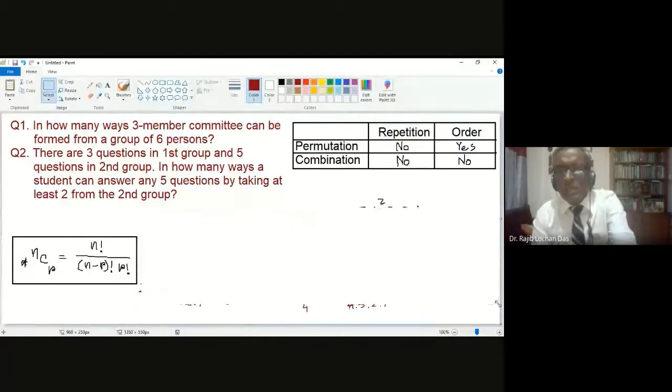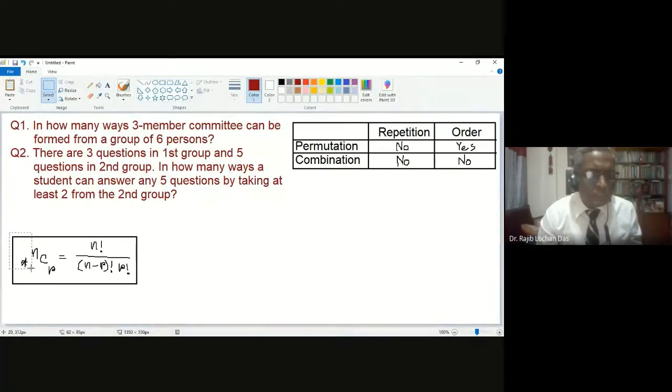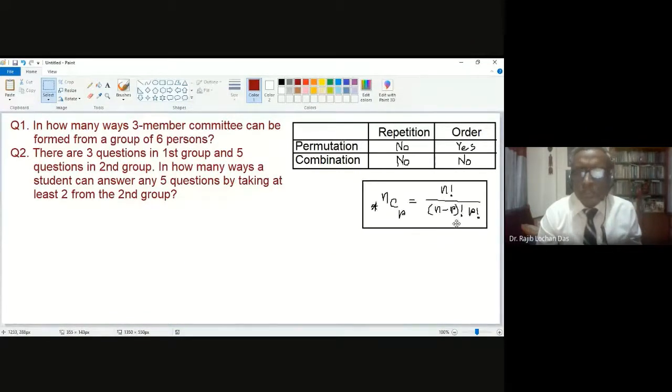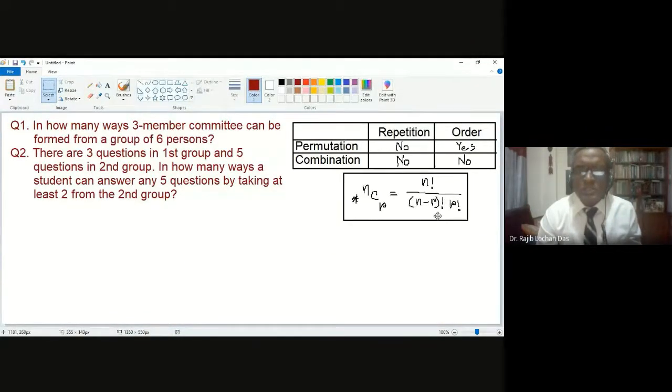So eight questions are given in the question paper, but there are 2 groups and one student can answer 5 questions, but there is a condition, there is a restriction. Okay. So how can the person answer the question? So this is the second part.